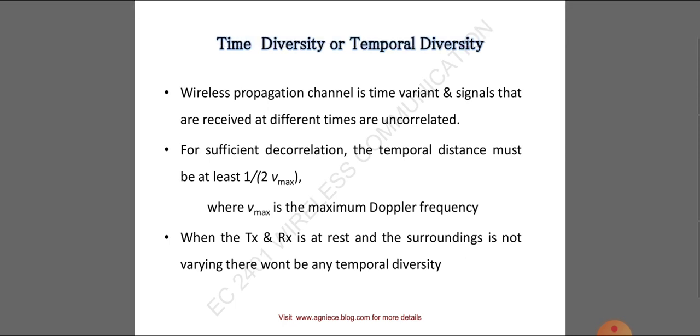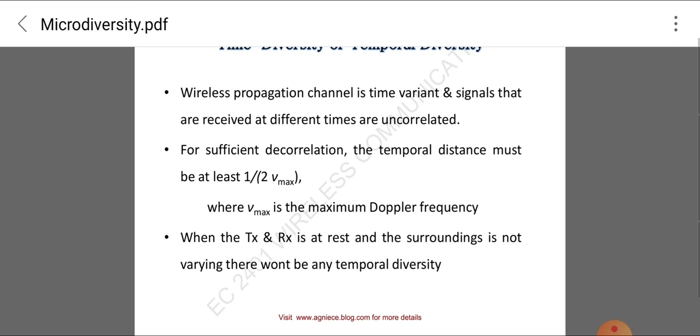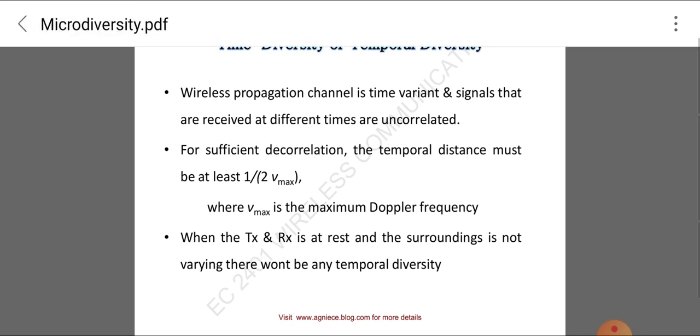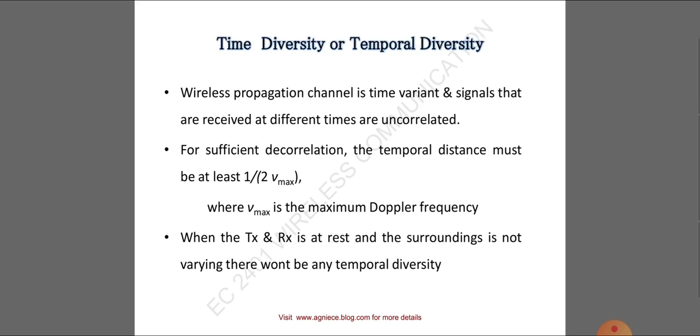So for providing that sufficient decorrelation, the temporal distance must be at least 1 by 2 into Vmax, where Vmax is the maximum Doppler frequency. When both the transmitter and receiver are at rest and the surroundings are not varying, then there won't be any temporal diversity.